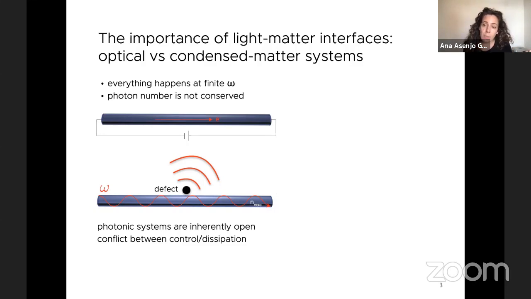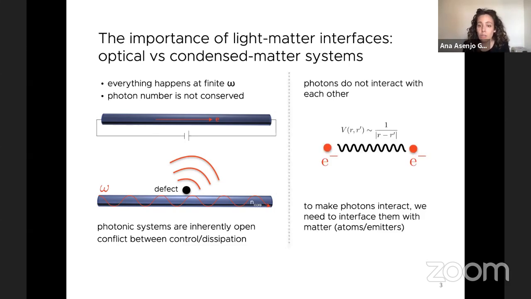And while dissipation can be detrimental, it can also be a tool because it allows us to control and get information from our system. That's what happens in optics. But there is an inherent conflict between control and dissipation. This is, in my opinion, one of the main differences between condensed matter systems and optical systems.